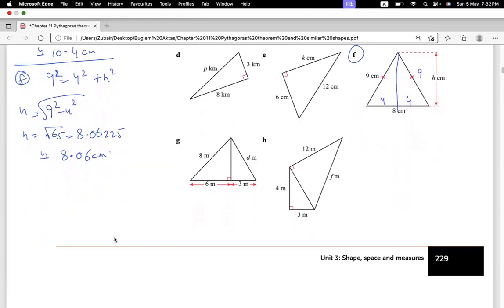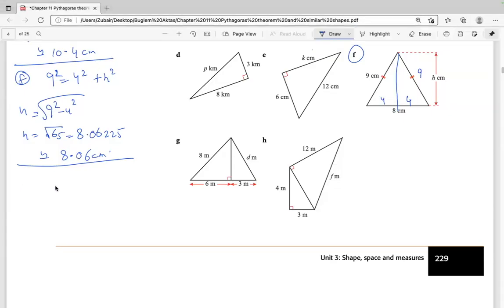G part, solving for D. Well, we'd first have to find the base for it, and we'd have to do it through 8 and 6. So let me name it X. So 8 square minus 6 square, whole square root is equal to X. So X is equal to square root 28.